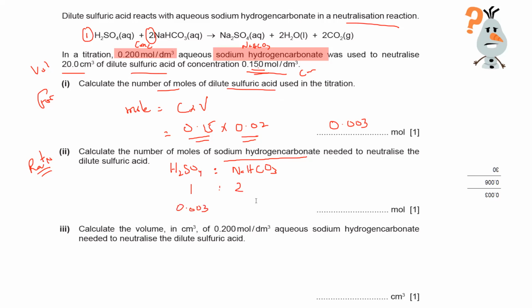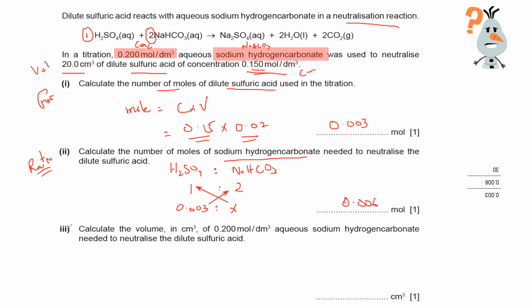Then how many moles should be there? X. We cross multiply: 1 multiplied with X, and 0.003 multiplied with 2. So we'll get 0.006 moles of sodium hydrogen carbonate.